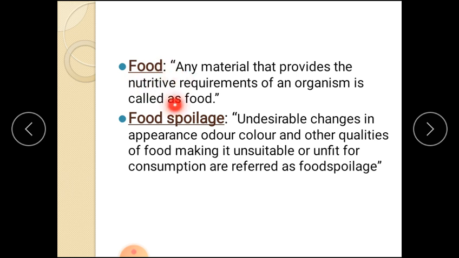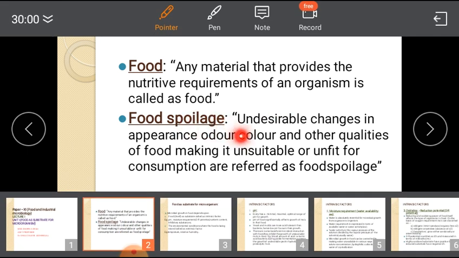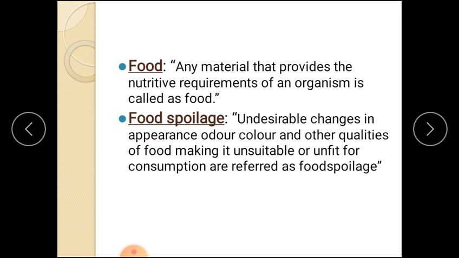Now what do you mean by food spoilage? Undesirable changes in appearance, odor, color or other quality which make the food unsuitable for consumption are referred to as food spoilage.